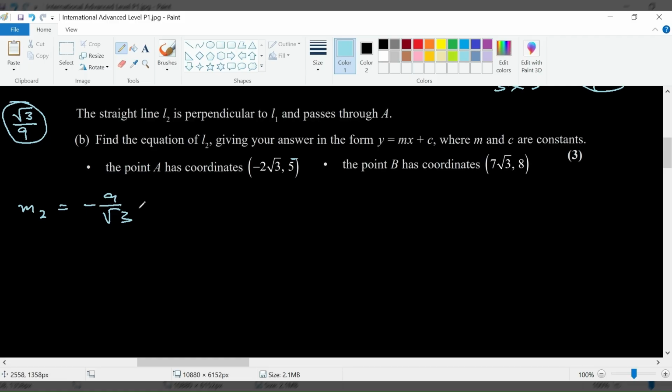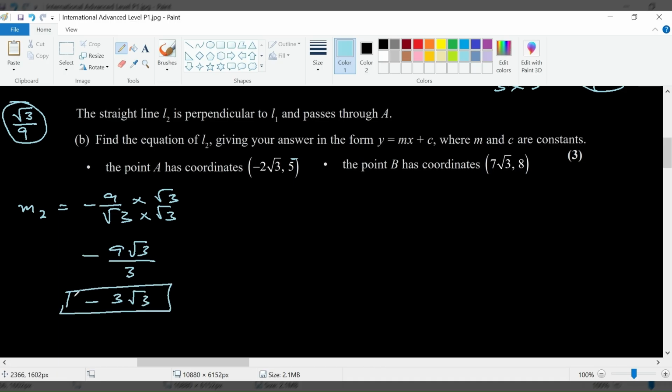Rationalizing the denominator, we multiply by root 3 on top and bottom, so this is 9 root 3 divided by 3. So the final gradient is negative 3 root 3. This is the gradient of the second line.